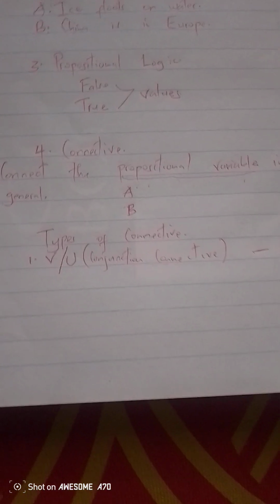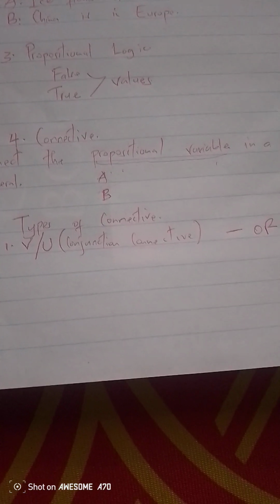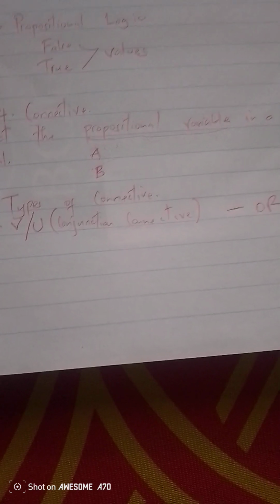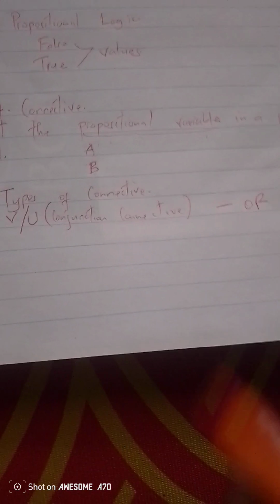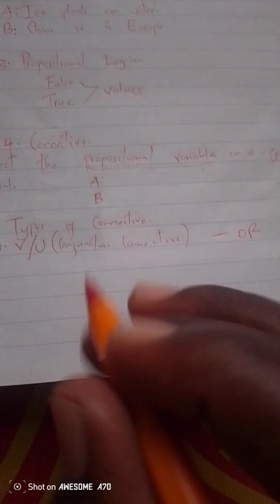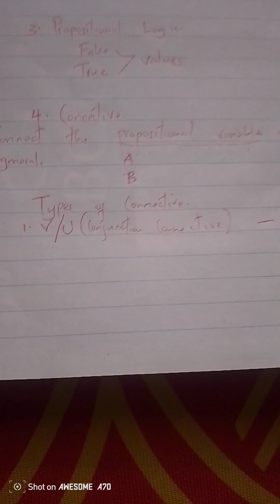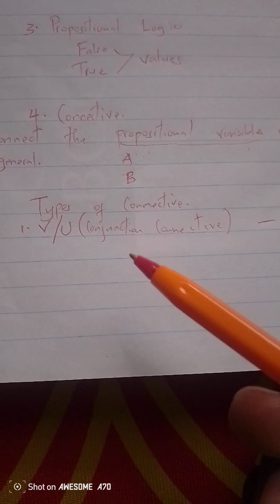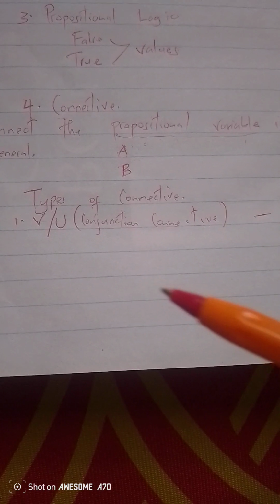Now, how does it work? How does conjunction connective work? It works in a truth table. At the same time, it works in a verbal statement.